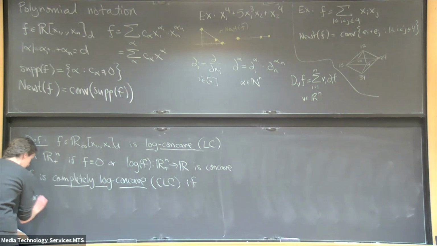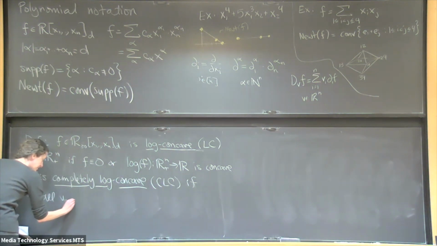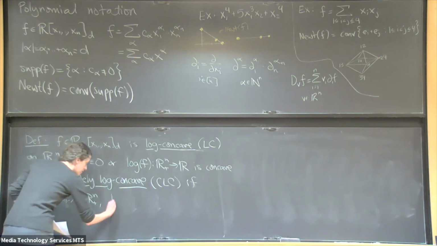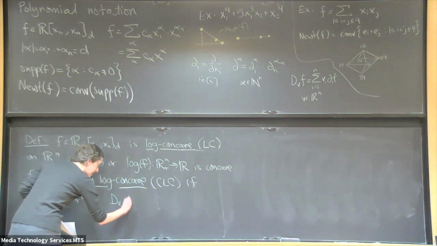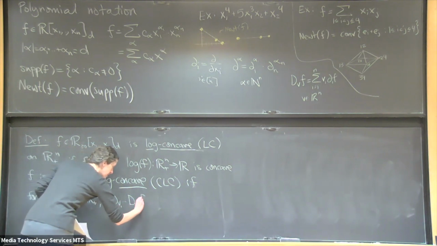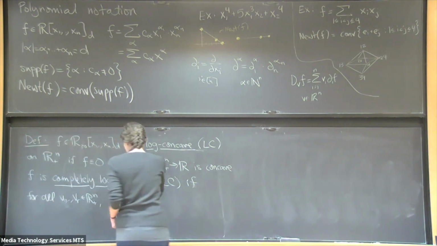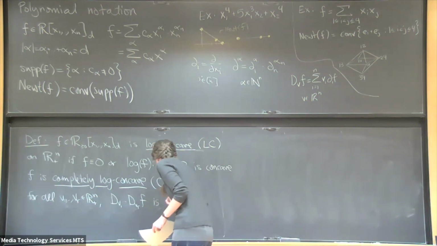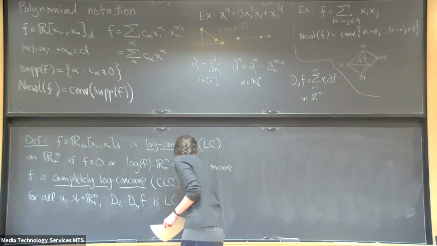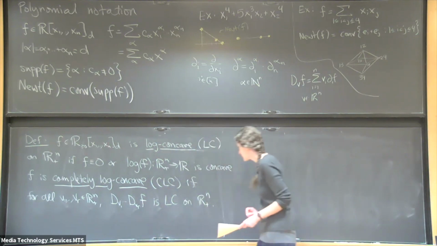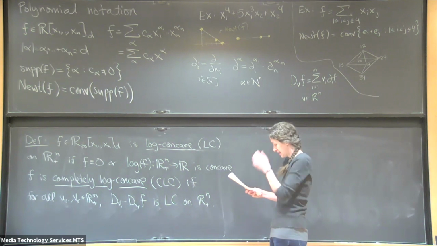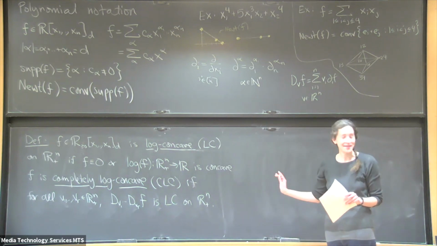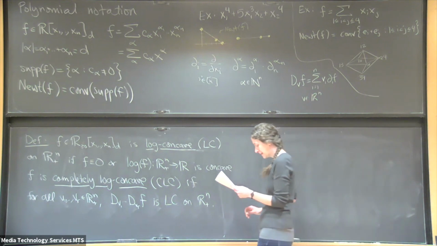So for all choices of vectors, say v_1 through v_r in the positive orthant, taking all of those directional derivatives, for any number of vectors, I want the resulting polynomial to be log-concave. That's the class of polynomials that we're going to be looking at.